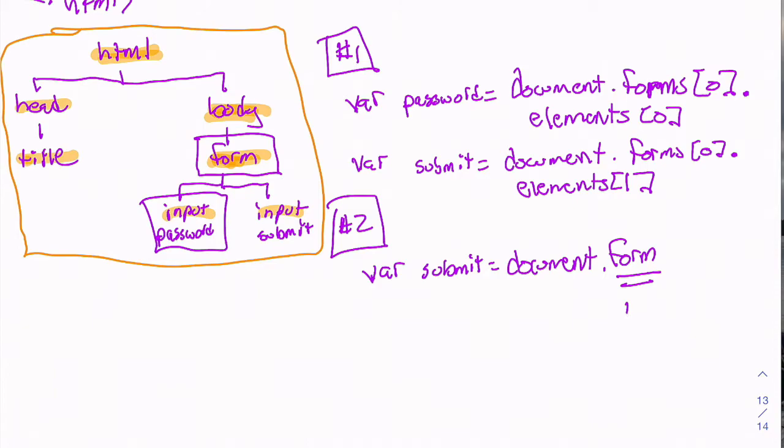This is the name of the form, and if you remember, I gave the form the name form. It's pretty unimaginative. And then I can also specify the name of the submit button, which was also submit. So this is the name of the submit button.